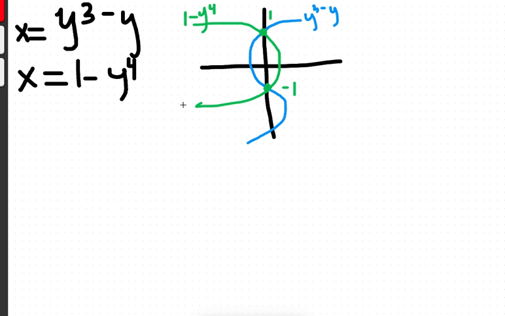Okay, so once you do that, you are going to take the integral from the top boundary to the bottom boundary, so from 1 to -1, and you're going to take the rightmost function minus the leftmost. So the rightmost function is going to be 1 minus y to the 4.